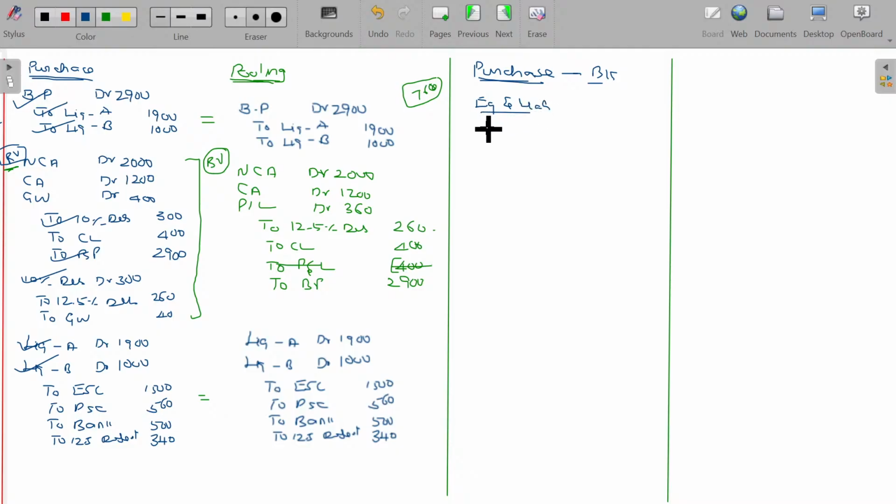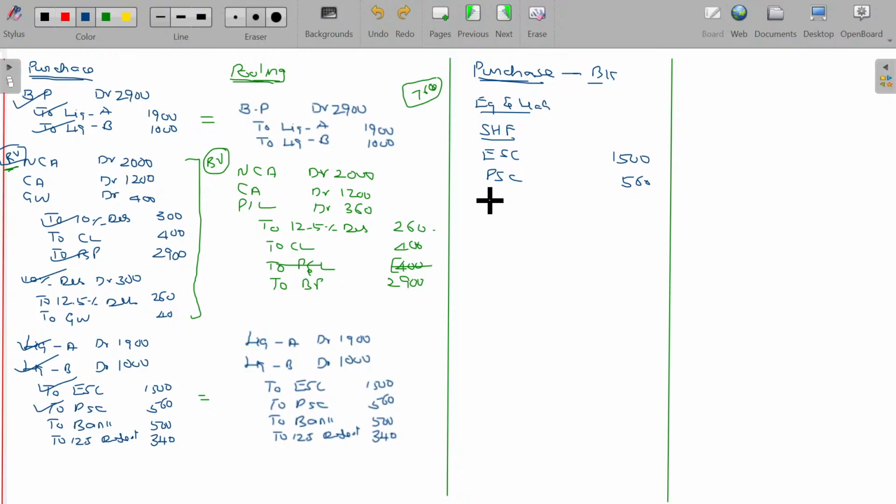Okay, leaving that, we'll start with the equity and liability. Under equity and liability, what we have to do? Equity shareholders' funds. Under that, equity share capital being 1,500, preference share capital 560, profit and loss, of course we don't have the profit and loss.